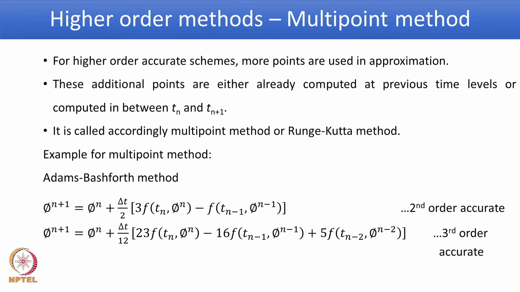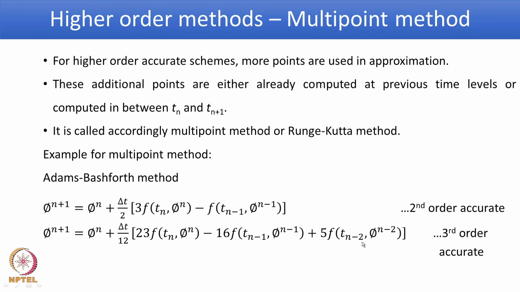It is also possible to increase, even in the Adams-Bashforth method, to the next level, a third order accurate one, by considering one more additional point at a much previous time level. So, the formula is finally shown here. Phi at n plus 1 is related to phi at time level n, then phi at time n minus 1, then phi at time n minus 2.